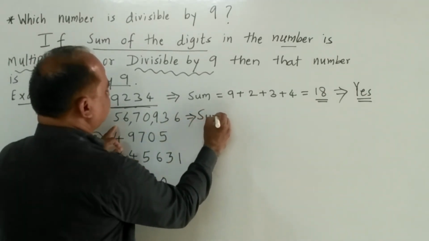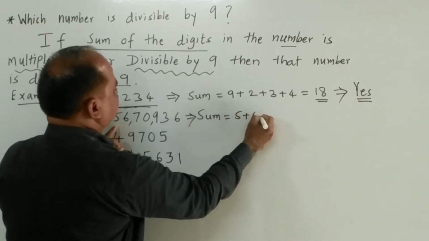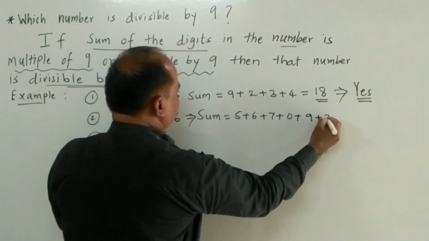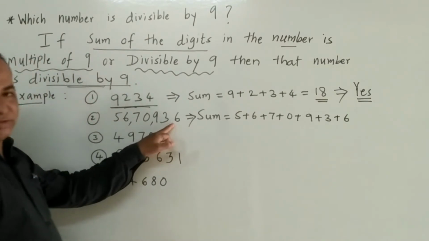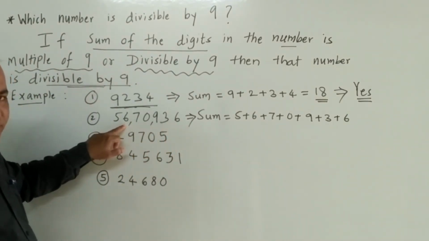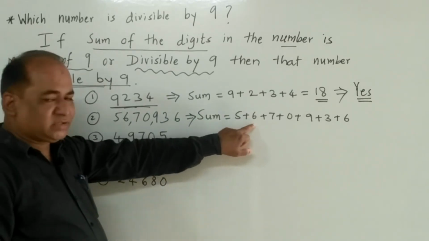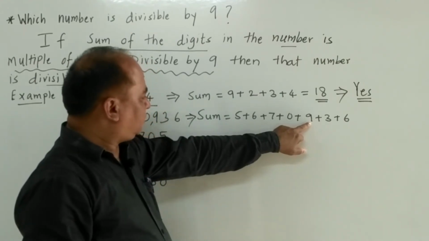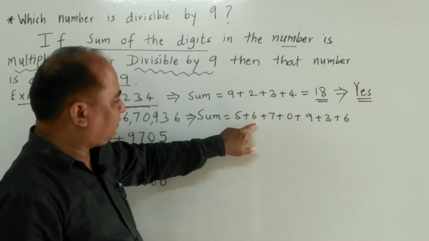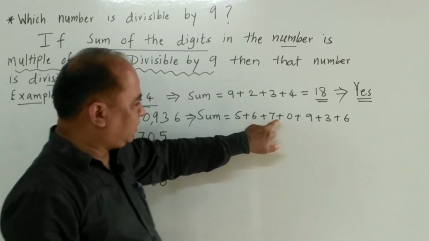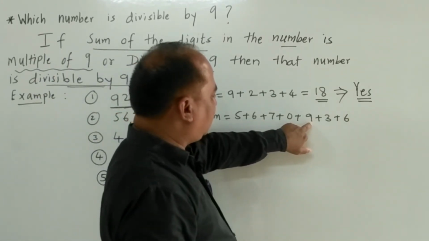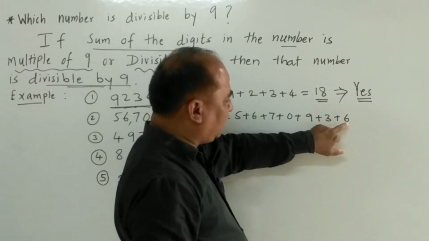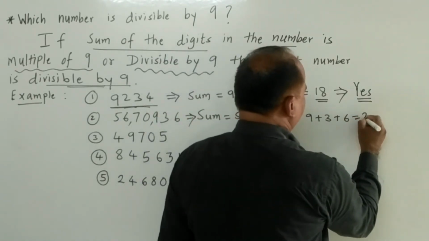We should take the sum of the digits. 5 plus 6 is 11, 11 plus 7 is 18, 18 plus 0 is 18, then 18 plus 9 is 27, 27 plus 3 is 30, and 30 plus 6 is 36.